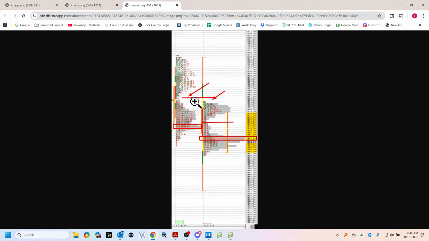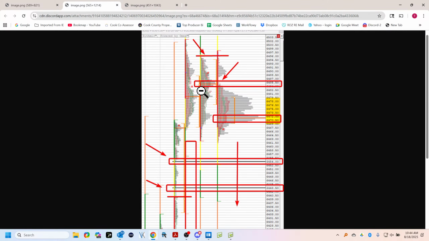Let me see if I can find it. 84 and a quarter. Is this interesting to you? 84 and a quarter is the ETH high. Where was our separation on Friday? There. What does it tell us? ETH high, too high. This is Friday.